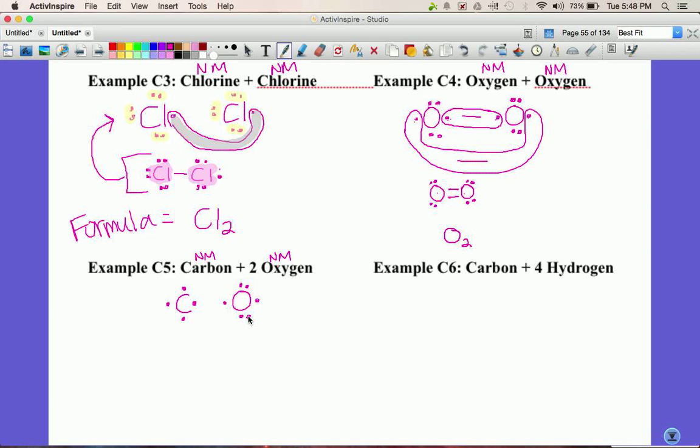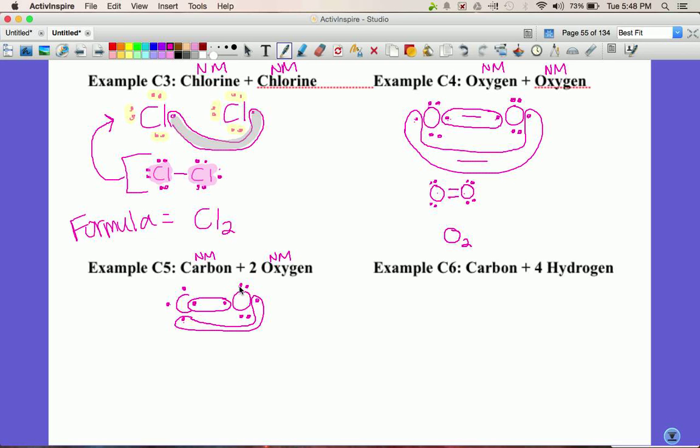Now, carbon has 4 bonding electrons. 1, 2, 3, 4. Those are the 4 by themselves. Oxygen has 2 bonding electrons. These 2 that are by themselves. So what we're going to do here is we're going to bond those 2 together. And then we can bond these 2 together.